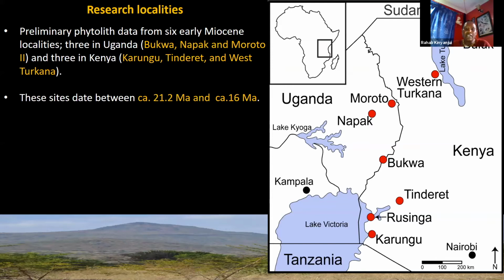So the preliminary phytolith data from the 6 early Miocene localities: Bukwa, Napak, Moroto, and 3 in Kenya, Karungu, Tiderêt, and West Turkana. And these sites are between 21.2 million years and 16 million years.